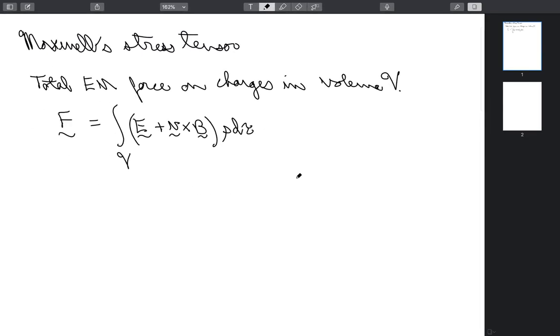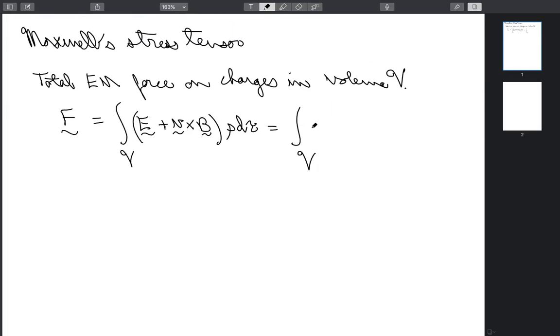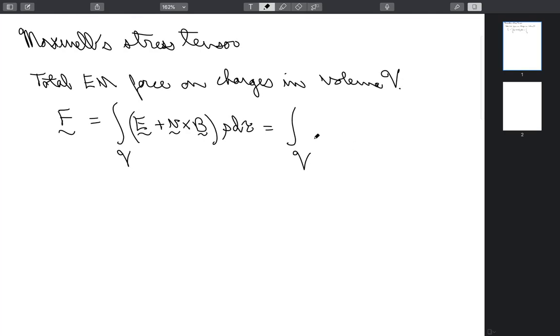Okay, so I can rewrite that in terms of force per unit volume if you want, where I just bring back the rho in here, and I re-identify v times rho as the current density that I have. Okay, so what is this? This becomes just rho times E plus the current density cross B. So we're doing exactly the same thing that we did in the previous video, if you want.